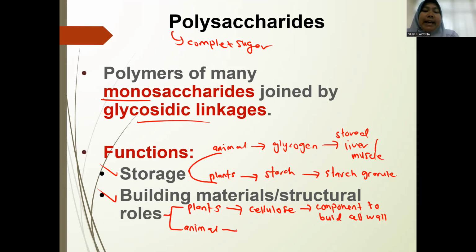As for animal, the building material that we are referring to here is chitin, C-H-I-T-I-N. So chitin ni apa? Chitin is building material that is needed in order to build exoskeleton.